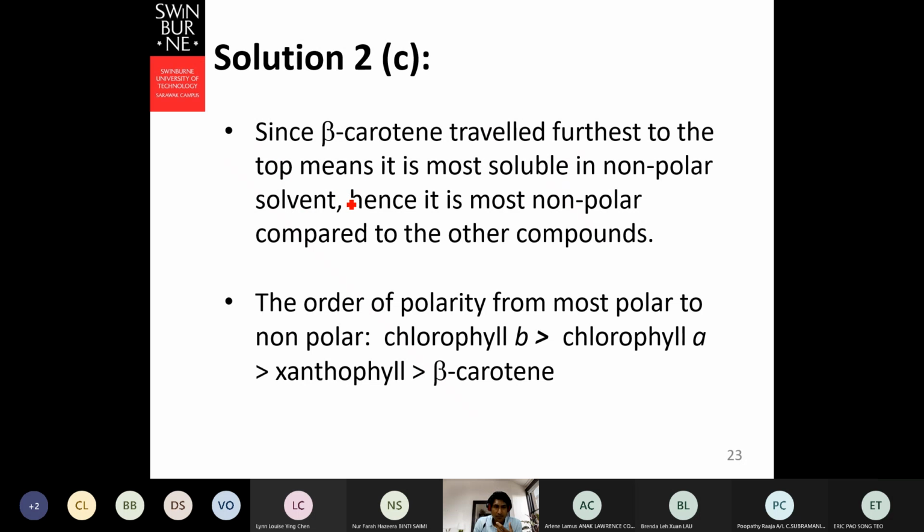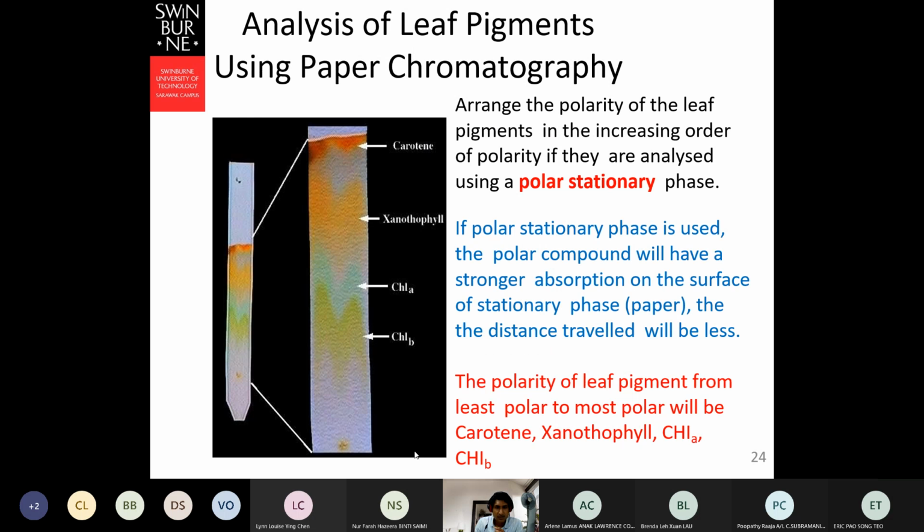Solution to problem 2 is asking: since beta carotene travels farthest to the top, it means it is most soluble in the solvent, because the solvent was non-polar, right? The highest it reaches was the yellow color, the beta carotene. So it should be the most non-polar because the mobile phase was non-polar.